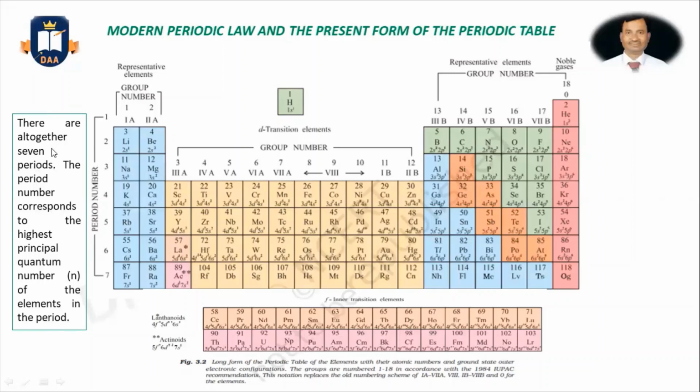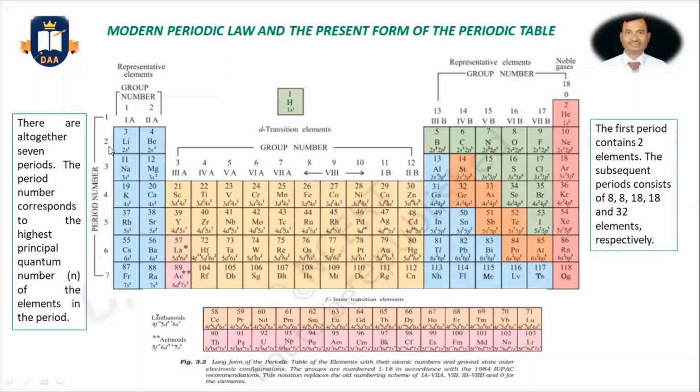That means the first period starts with principal quantum number 1. For the second period, we know the outer electron configuration is 2s1, that means the principal quantum number is 2, and so it is the second period, and so on.